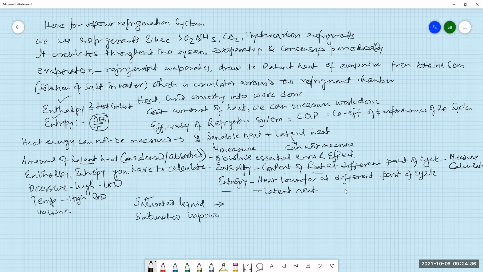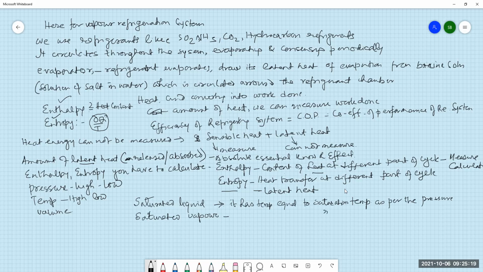We have told that saturated liquid has a temperature equal to the saturation temperature as per the pressure applicable to it. The same is the case with saturated vapor also.